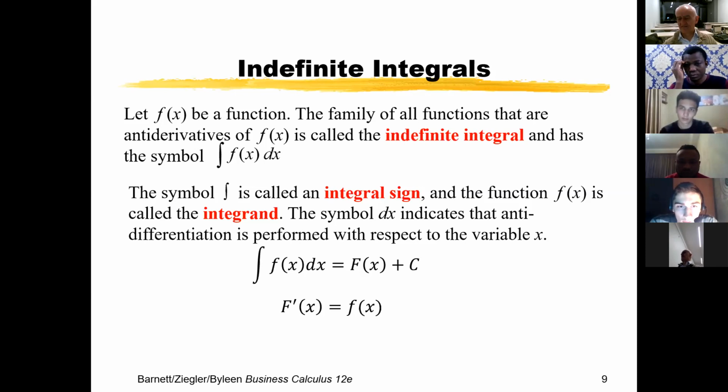An antiderivative is one function whose derivative is f. Absolutely, great, Luca. An antiderivative is only one function, but the indefinite integral is the set of all functions, a family of functions. Very good answer.